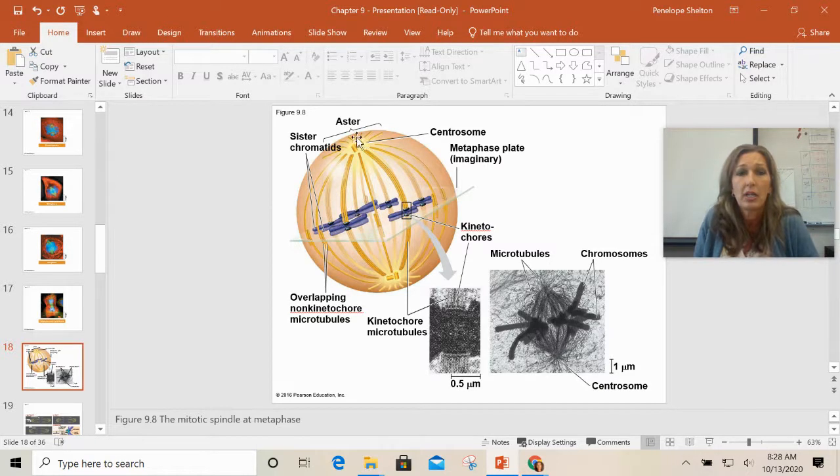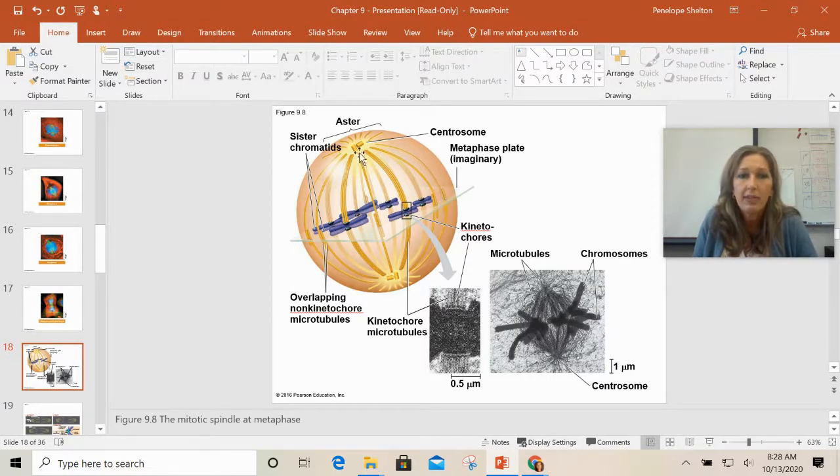But we have two opposite poles of the cell where I'm going to have a centrosome, a whole bunch of enzymes responsible for building these spindle fibers. Part of the spindle fibers are special spindles called kinetochore fibers, where the kinetochore of the sister chromatids can attach at metaphase.